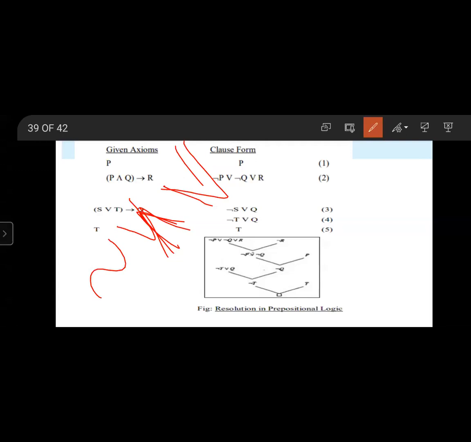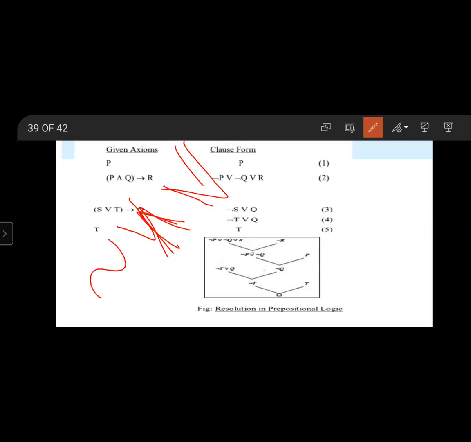We can easily write the CNF form of a given formula as C1 and C2 and so on and Cn, where each Ck, 1 less than or equal to k less than or equal to n, is a disjunction of literals and is called a clause.